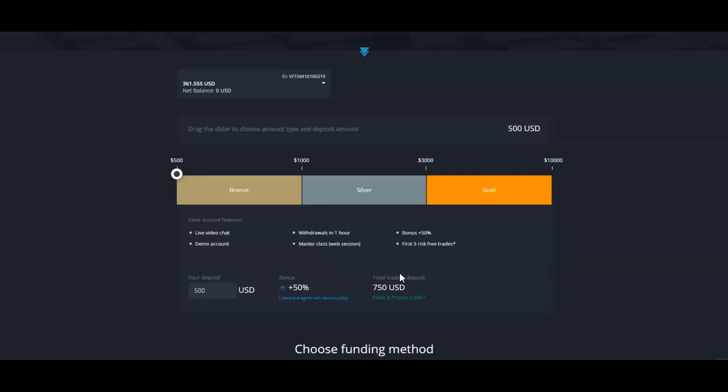You're going to have to turn it over 3x. So that's 750 times 3, which is $2,250 worth of turnover, and then you'll be able to start withdrawing your money and have met all bonus requirements.